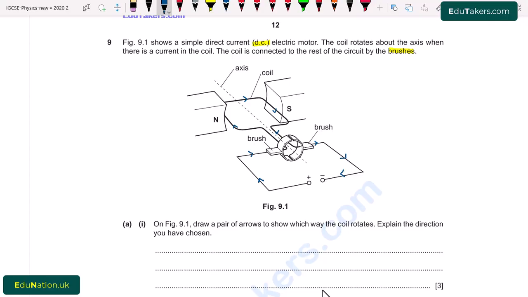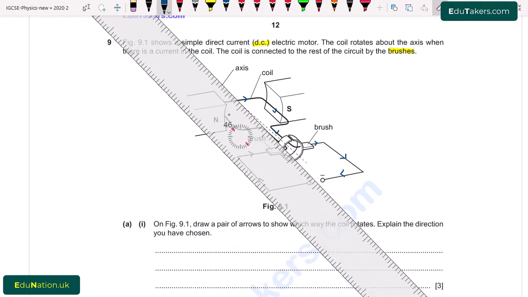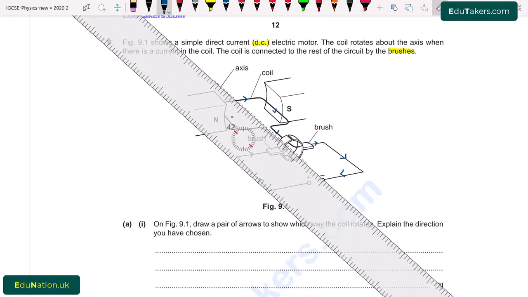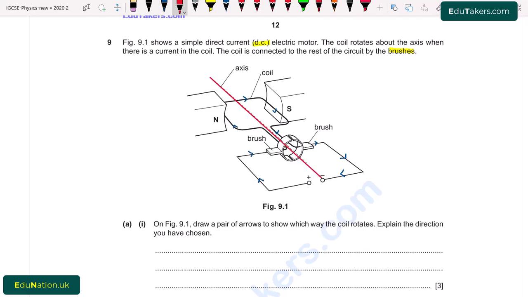Now we consider the half section of this coil, and I draw a line here that is the axis of it. So it is the left side and it is the right side. Here I have to use Fleming's left hand rule.